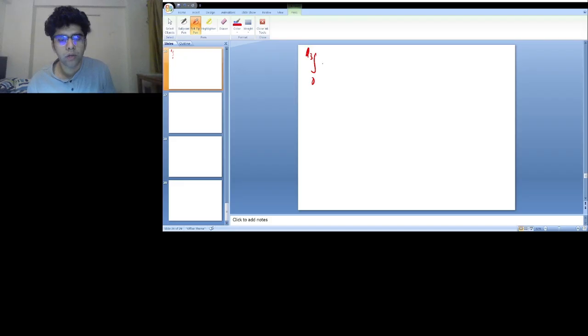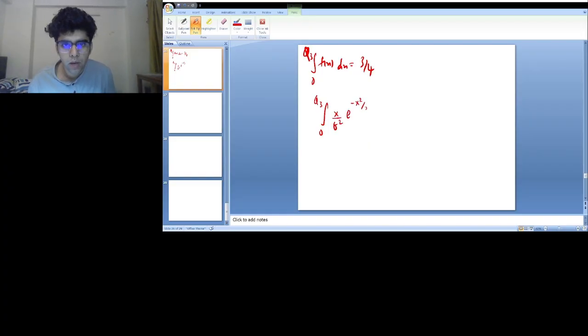For q3, I should have the integral of fx dx from 0 to q3 equal to 3 by 4. So this becomes the integral from 0 to q3 of x upon b square e to the power minus x square by 2b square dx, which, after substituting x square by 2b square as t and differentiating, gives me x dx by b square as dt.